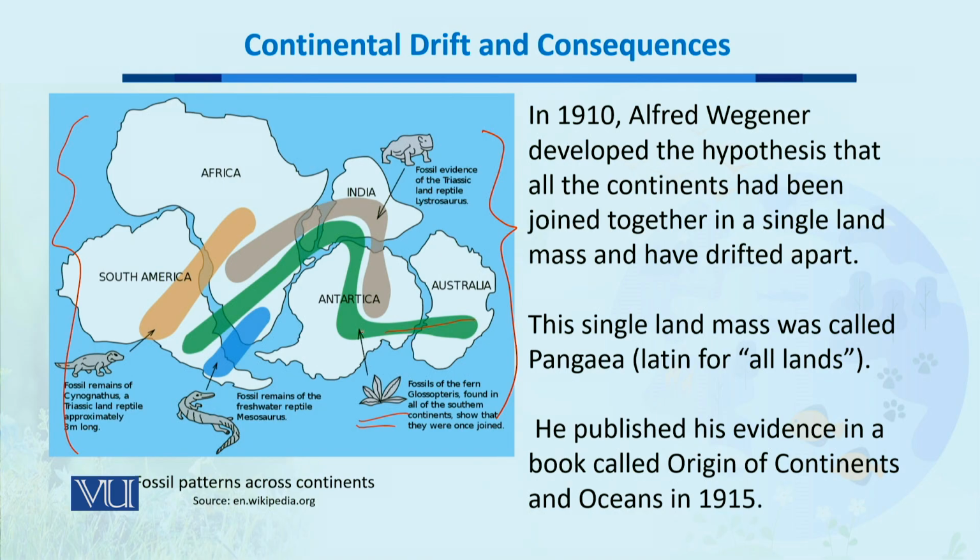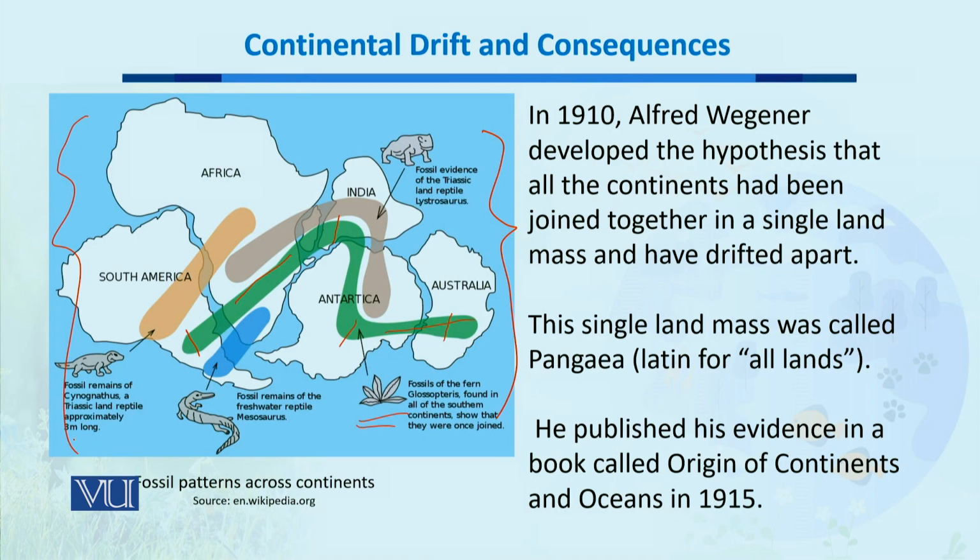It was found in Australia, Antarctica, the Indian continent, the African continent, and even in South America. This shows that these continents were once together, and then they drifted apart.